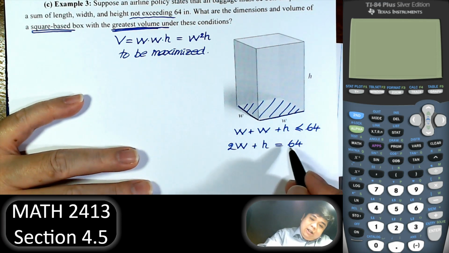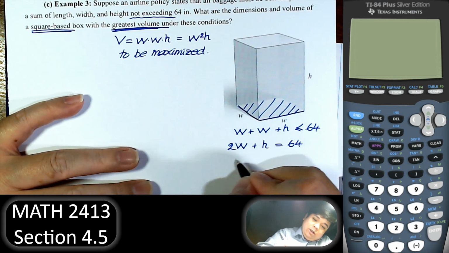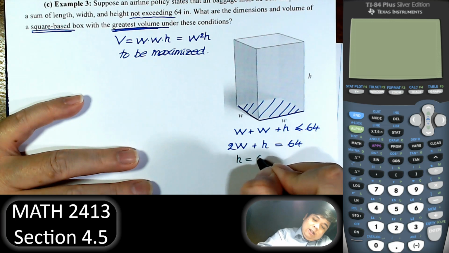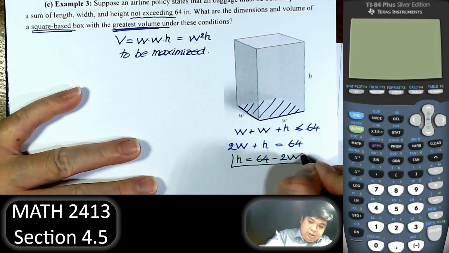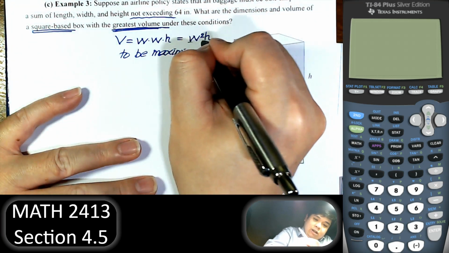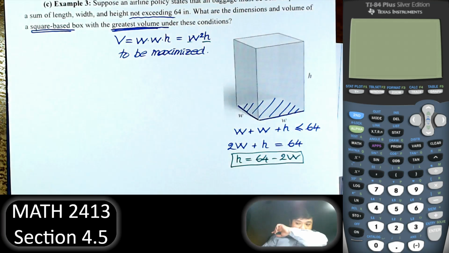Now, and then of course here we can solve for h. 64 minus 2w, and I can substitute into h.